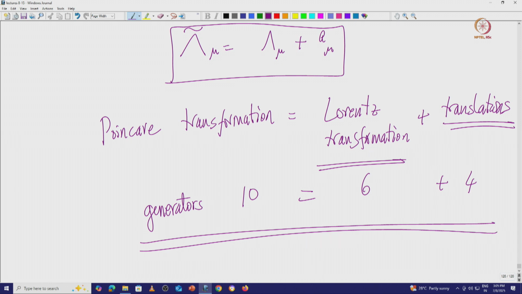That comes more in the realm of quantum field theory, where all the particles found in nature are representations of the Poincare group. That's the basic assumption.